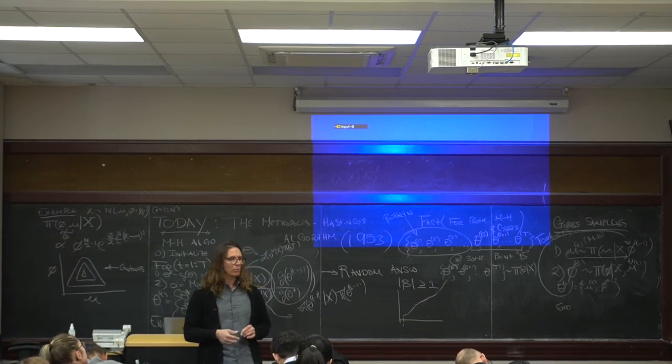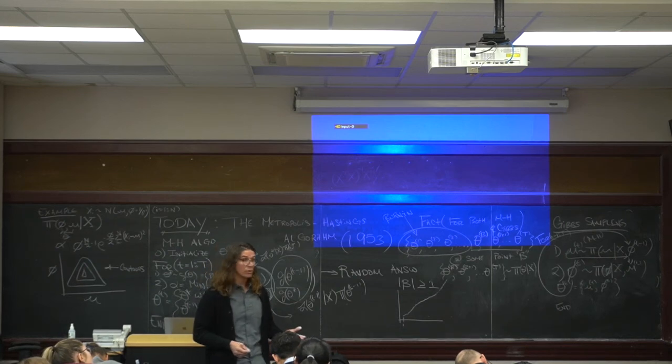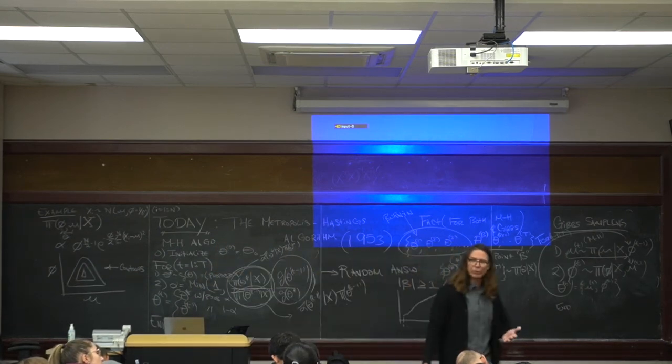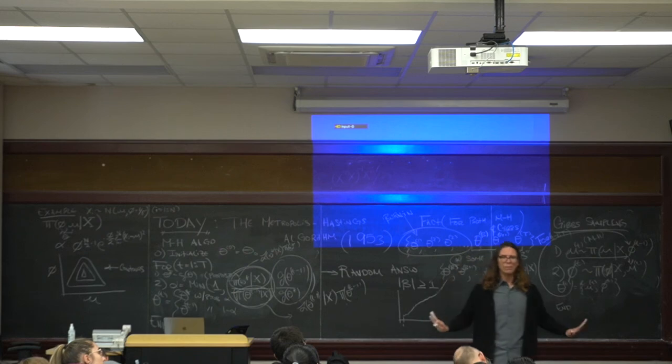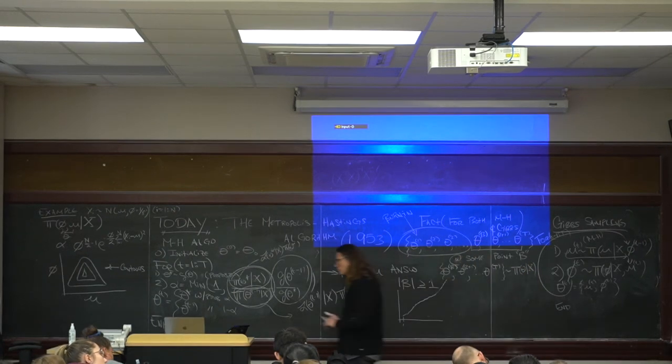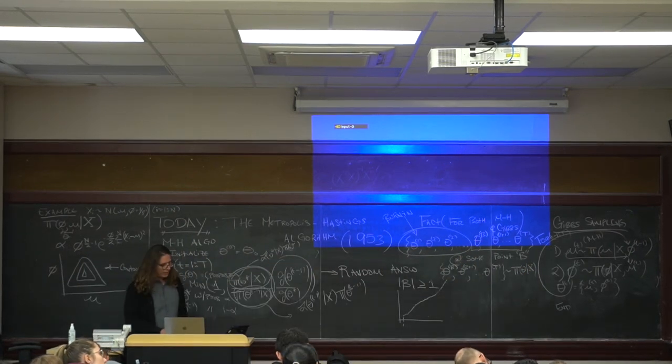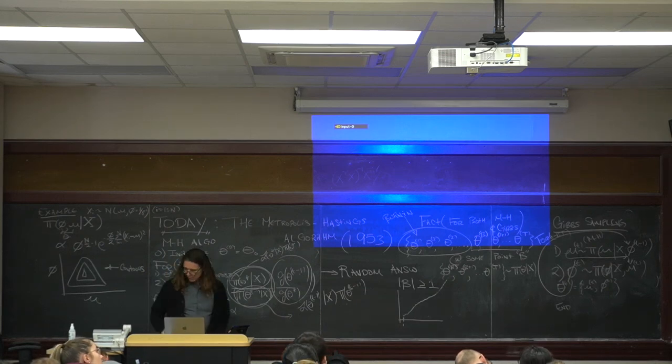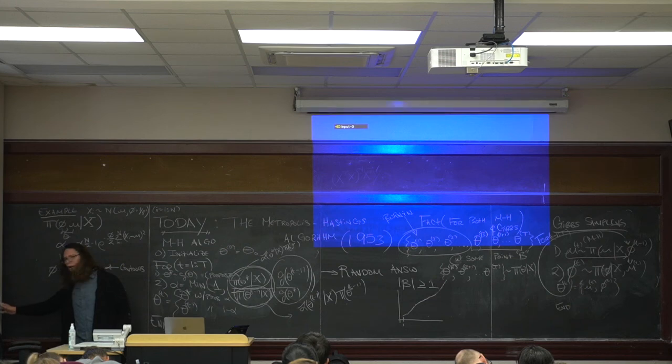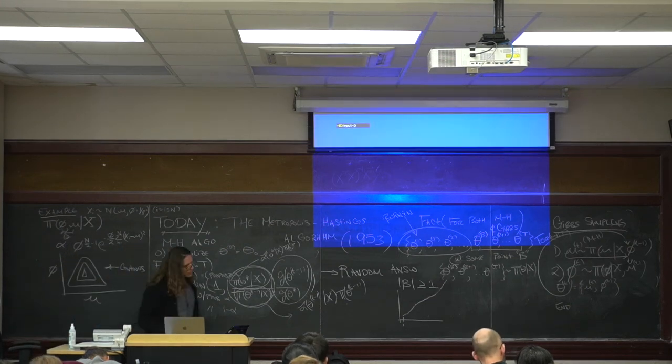That's called Metropolis within Gibbs, and that's what most people do. A lot of people will just say they're running Metropolis, so be more specific about this next time. Let me just show you what this looks like. And then next time we'll scour through this code.